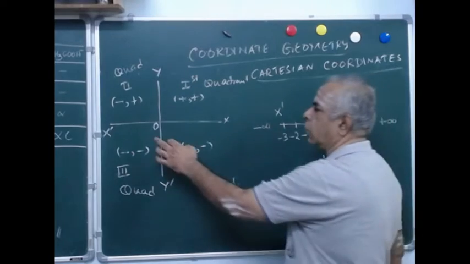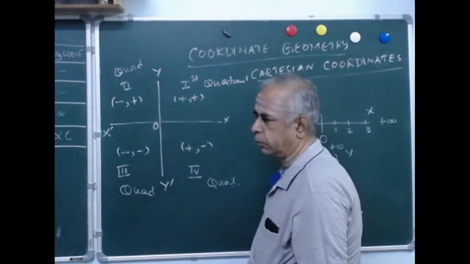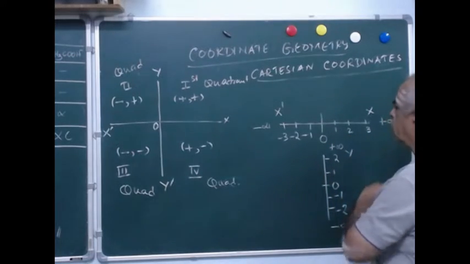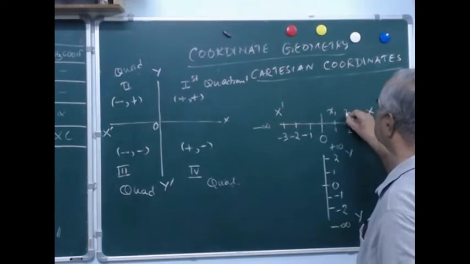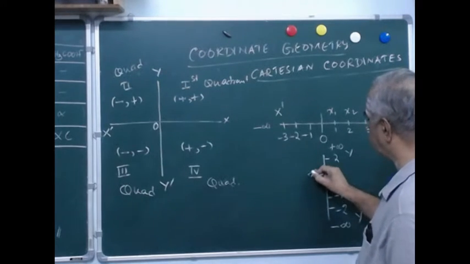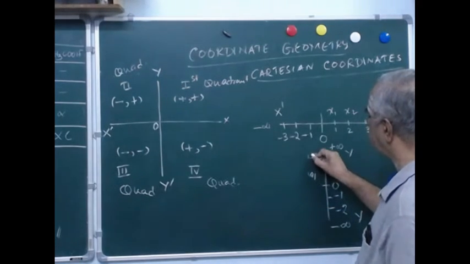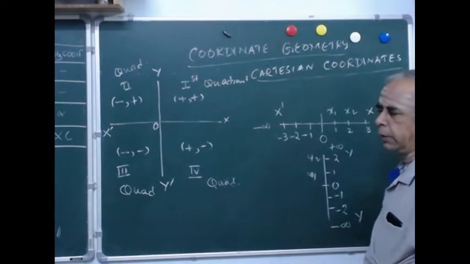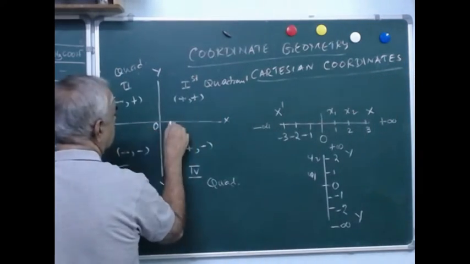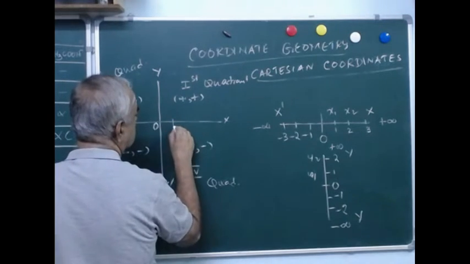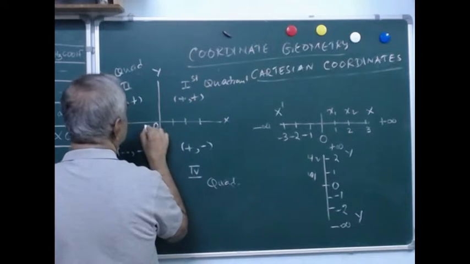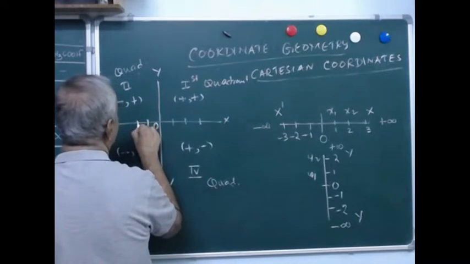So you have got the origin here. And in this, you have got only x points. You can put this is x1, this is x2, likewise it goes. And similarly, this is y1, this is y2, and so on. So, in this case, let us mark here, we have got x1, x2, x3. Similarly, here, various points.